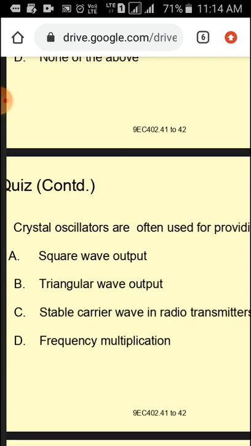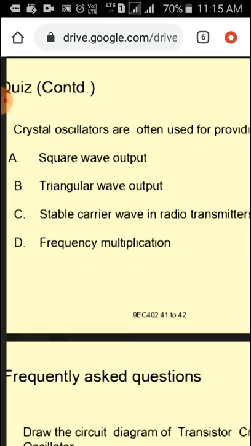Crystal oscillators are often used for what? Square wave, triangular wave, stable carrier wave in radio transmitters. Our answer is option C, stable carrier wave in radio transmitters.